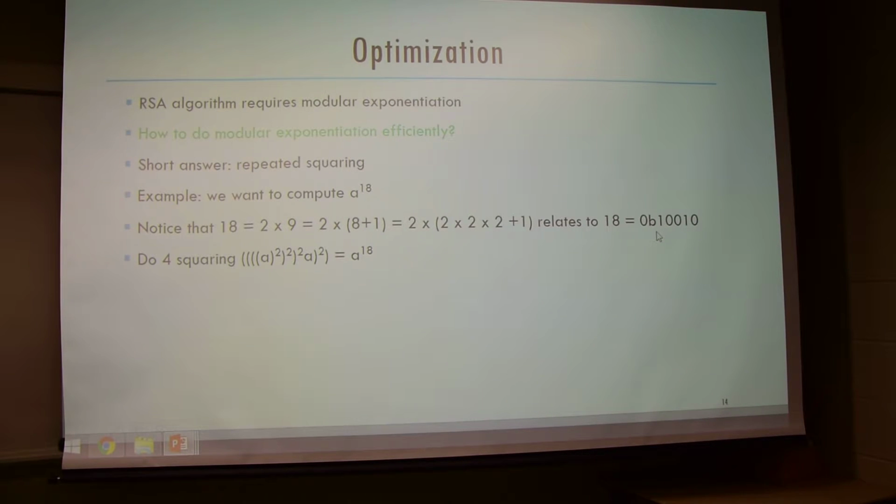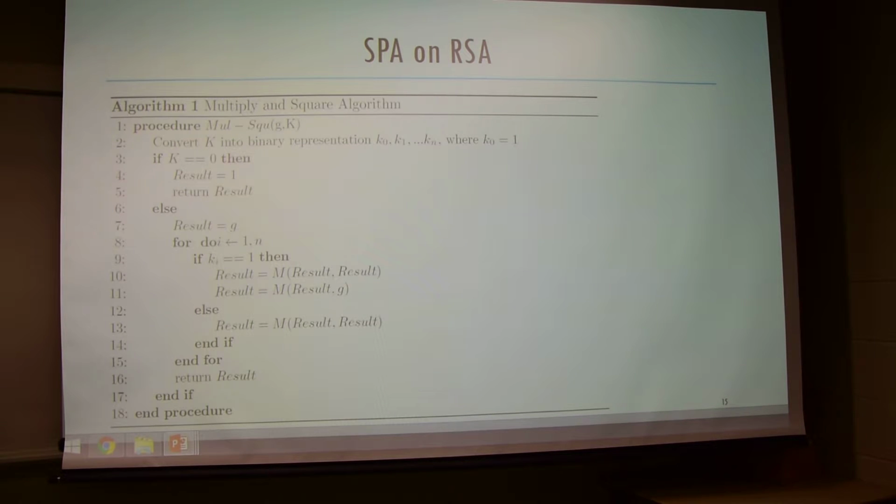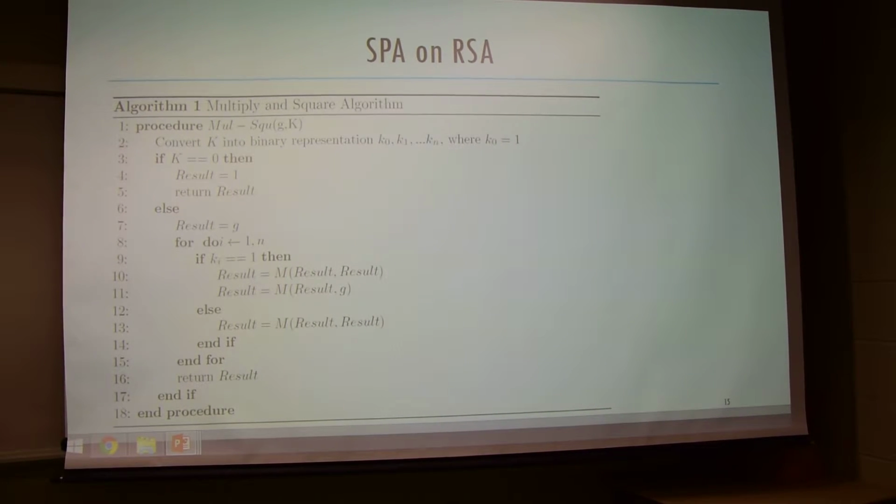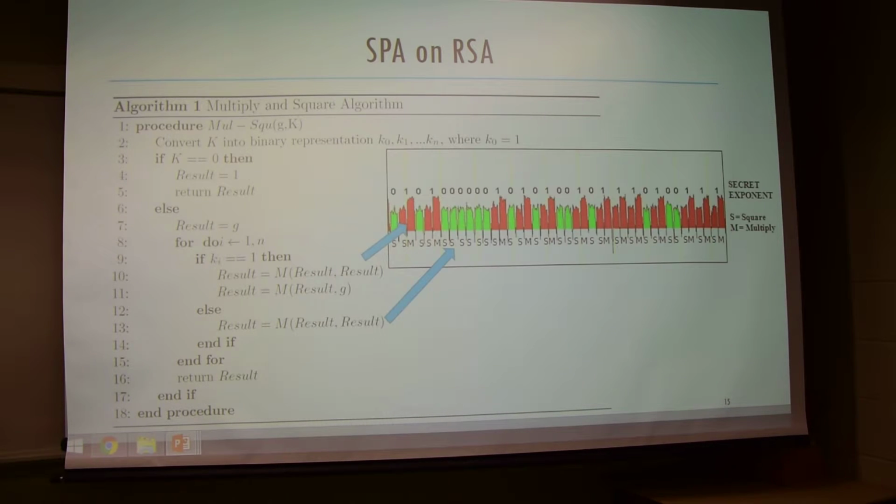More formally, we can formalize it in this algorithm, the square-and-multiply algorithm. You can see a conditional branch here. If the bit ki is 1, then you need to do squaring and multiplication. Otherwise, you only do squaring. So what will this look like in the power traces?